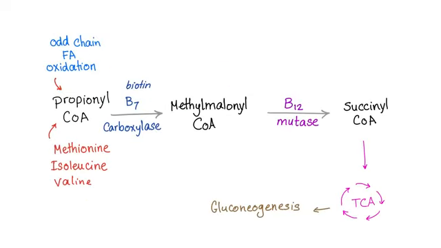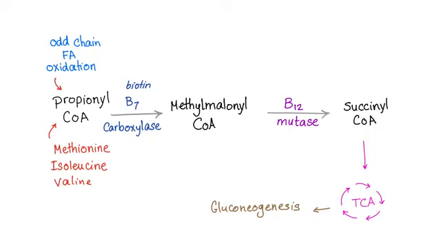Now to another story. We have something called propionyl-CoA. Participating in this propionyl-CoA, which has 3 carbons, are odd-chain fatty acid oxidation, as well as 3 amino acids: methionine, isoleucine, and valine. Thank you, carboxylase, by help of biotin or vitamin B7, now we have methylmalonyl-CoA.